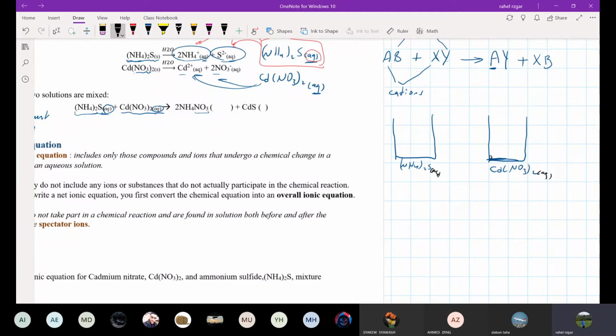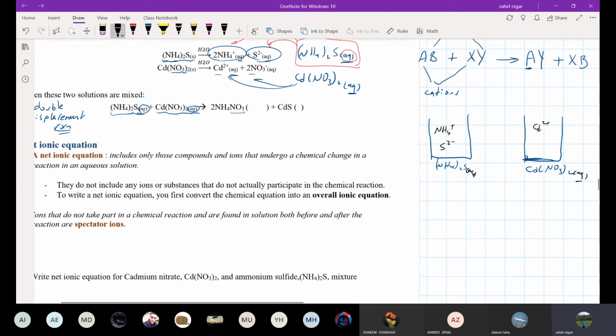This one is also aqueous. It means that it contains NH4 and sulfide. This one contains cadmium and nitrate.